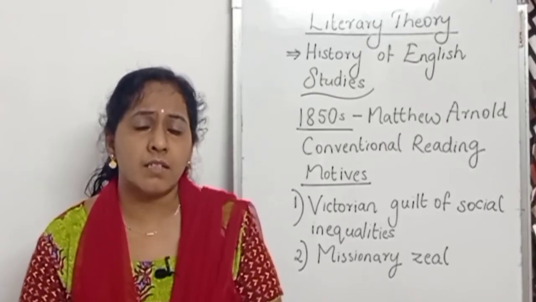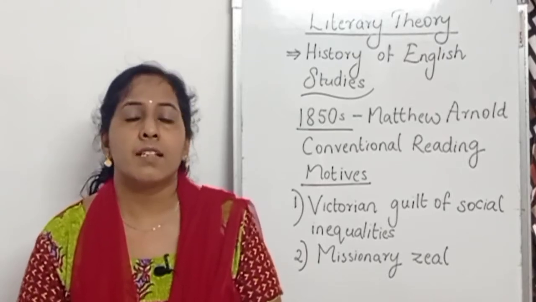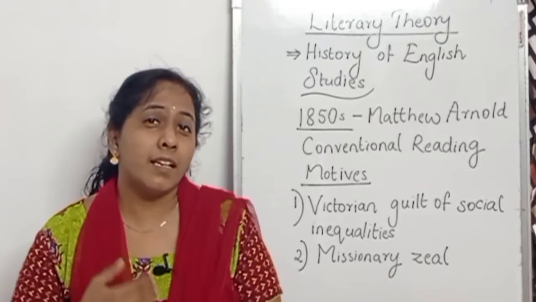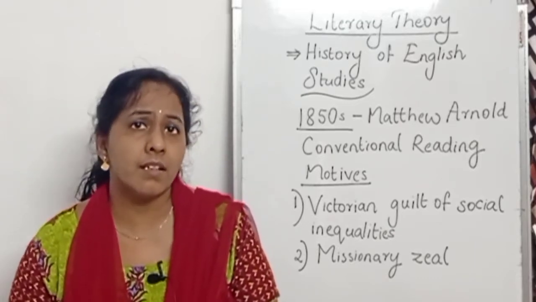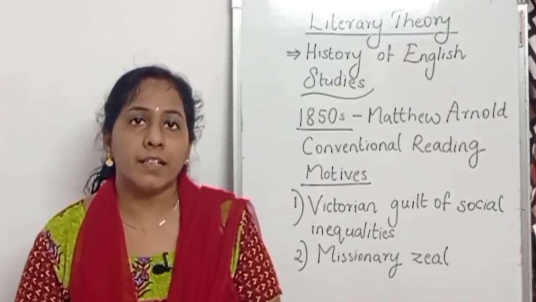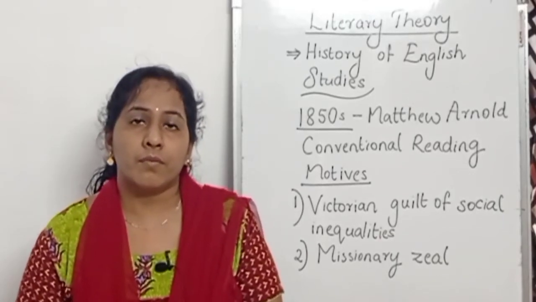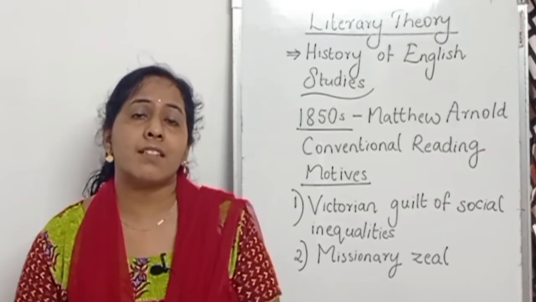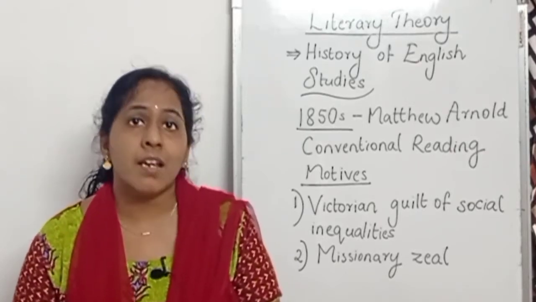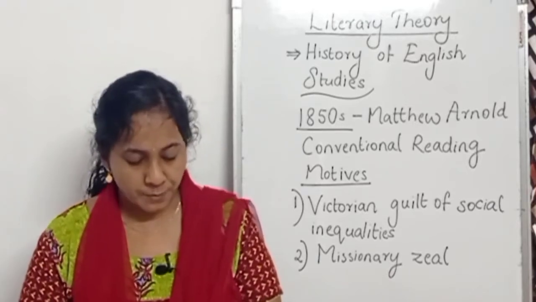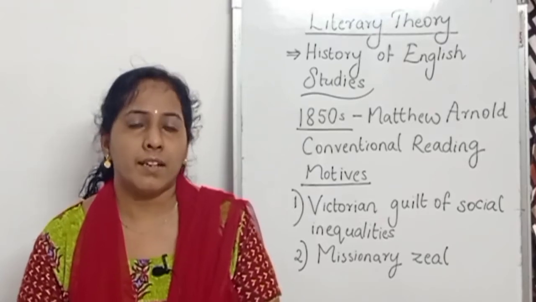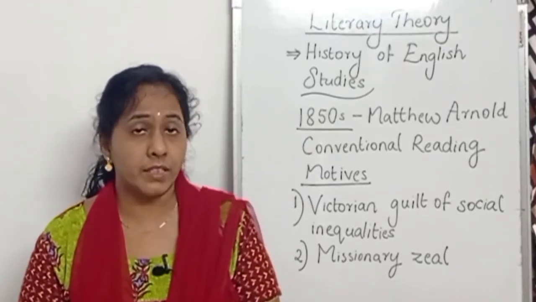Separation based on caste, religion, race. So people had a guilt feeling about class inequalities and they wanted to get rid of it, and they thought that developing English as an academic subject will help them get rid of these class inequalities. So that was the first motive of the teaching of English.